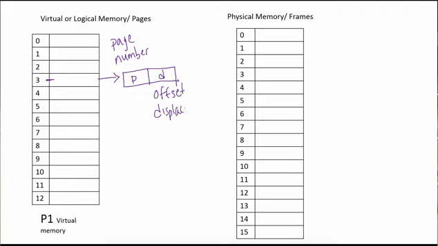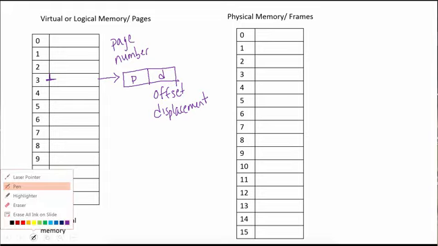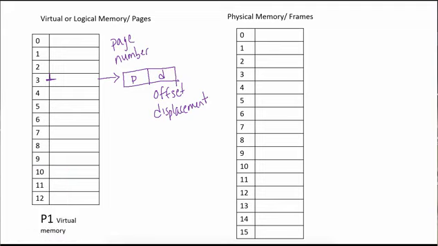What that means is, because it didn't start at the beginning of the page, that's the location from the beginning to right here where the actual information is located on the page. So this is called a logical address. It's made up of a page number, and the number of bits that are used for the page number indicates how many pages there are.